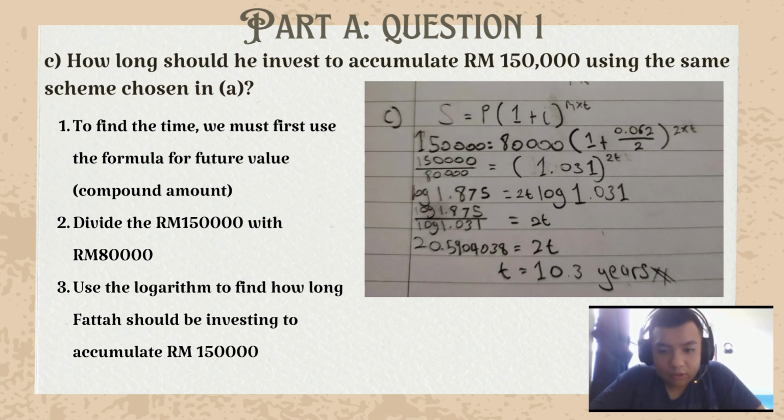Now, what you have to do is take the log 1.031, take it to the left side and divide it with 1.875, and you will get 20.5904038. But then you have to take the 2 from the 2t on the right side and divide it again with 20.5904038. You will get t equals 10.3 years.